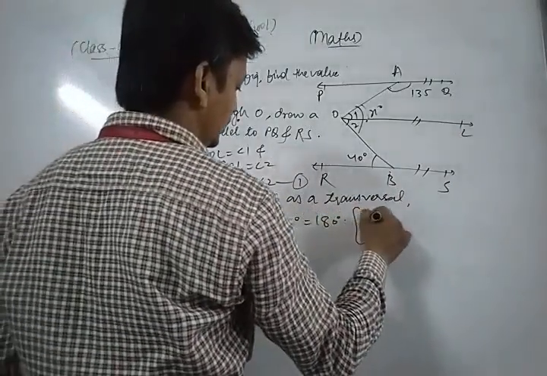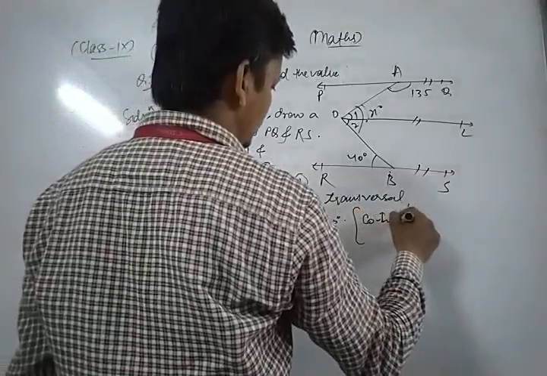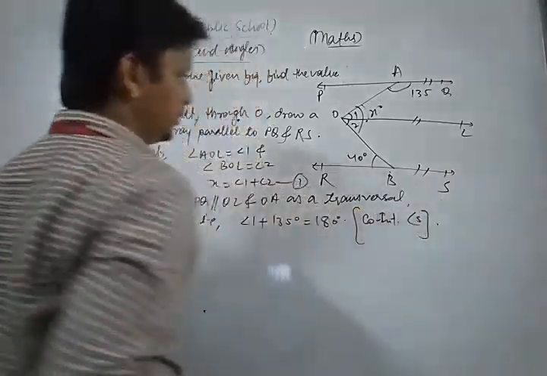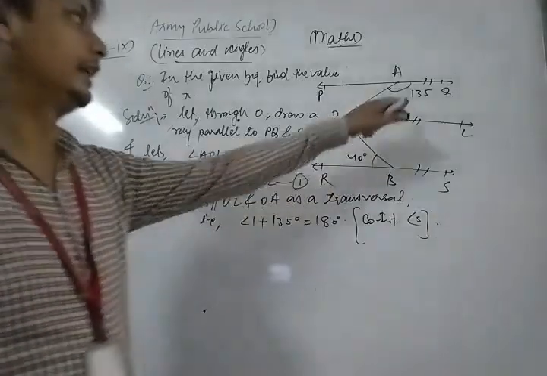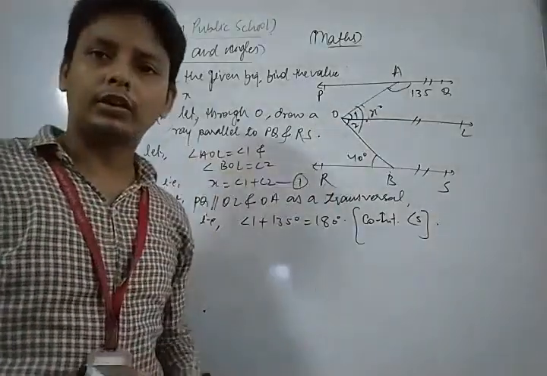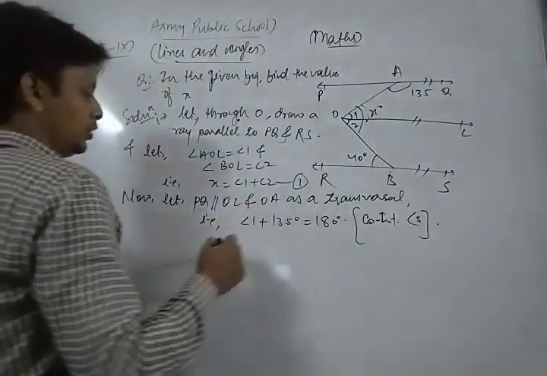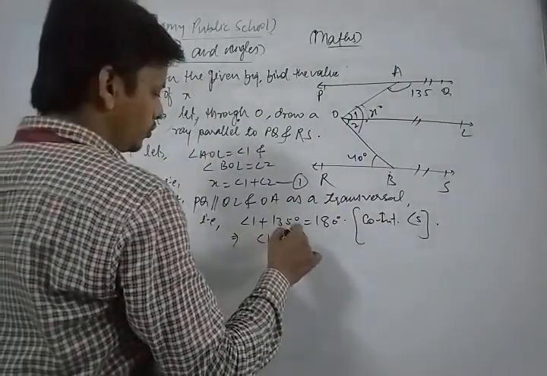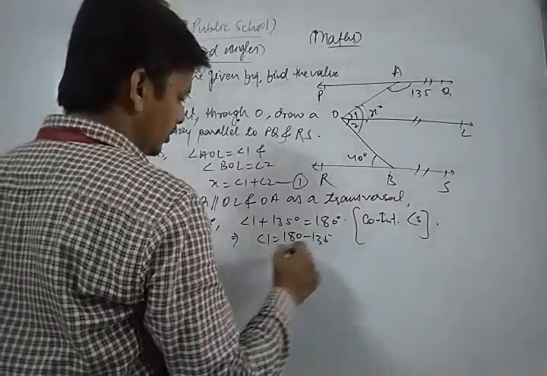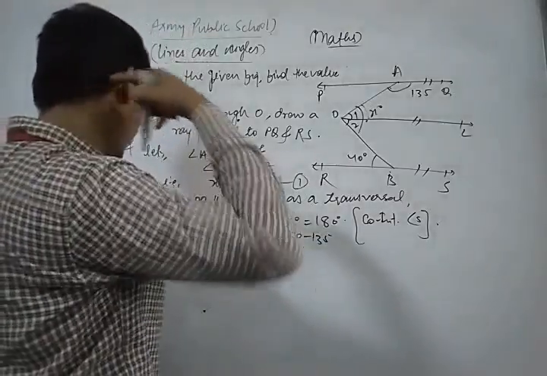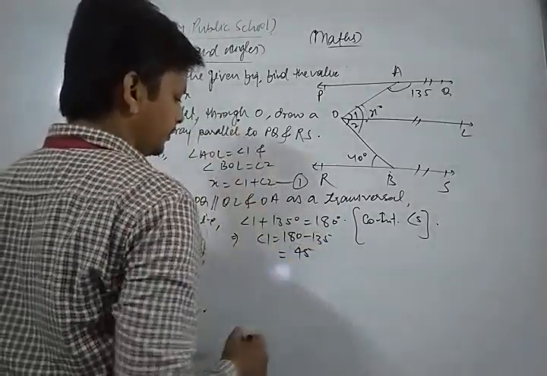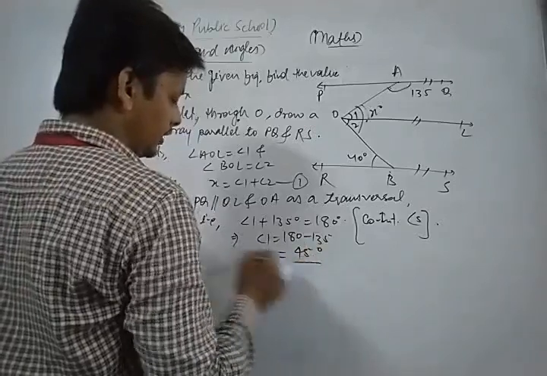These are the pair of co-interior angles, because angle 1 and angle 135 are the pair of co-interior angles, and you know that co-interior angles are supplementary to each other. So from there angle 1 is equal to 180 minus 135, so we get 45. So angle 1 is 45.